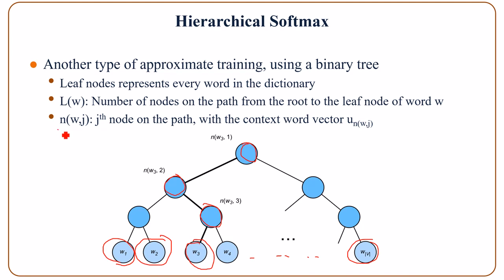Also, we denote NWJ as the J-th node on the path, with the context word UNWJ. For example, the root is the first node, this is the second node, and that is the third node on the path.